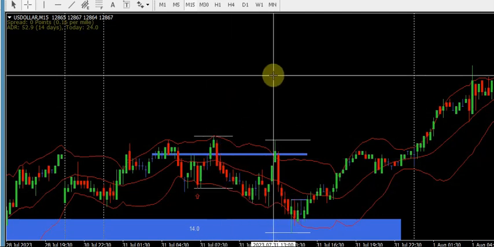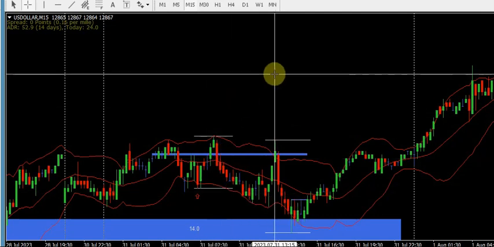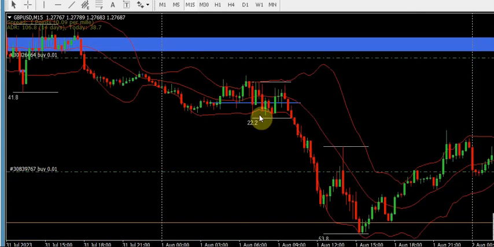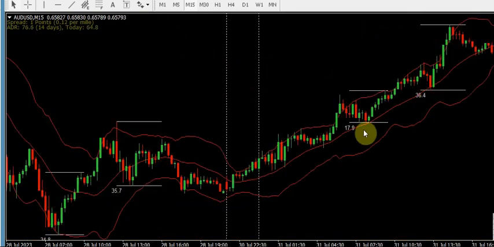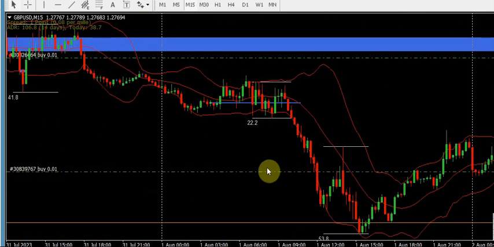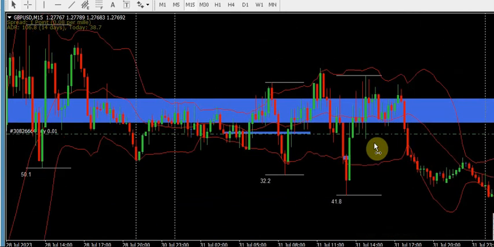And then we get another excellent setup in New York, but price moves so quickly that we don't get the setup, at least not on the pound yen. Now you could go looking for entries on the euro and the Asian. However, that would be hindsight cherry picking, because of the three setups, the pound was the best.